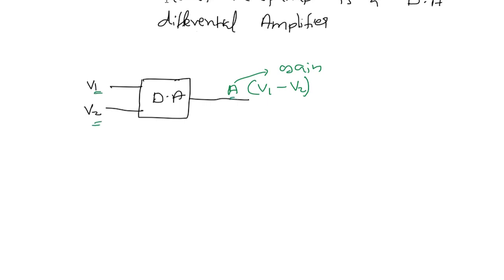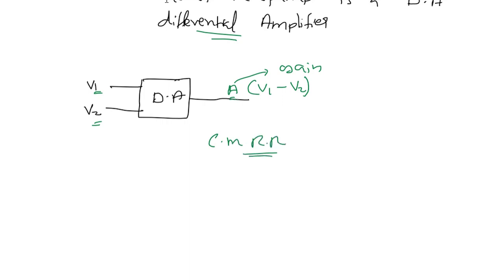This is said to be a differential amplifier. A differential amplifier circuit accepts two input signals and amplifies the difference between these two input signals. Okay, then what is common mode rejection ratio?